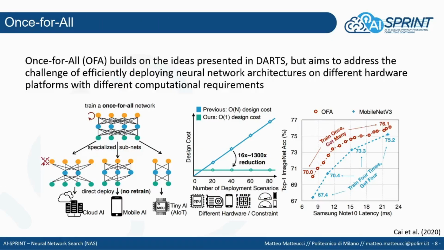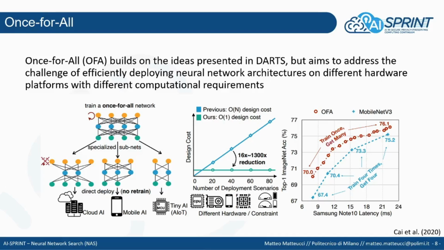This is the first work that proposed the idea of having a supernet learned once and then customized and then refined by gradient descent. Another algorithm that does the same is called Once for All.